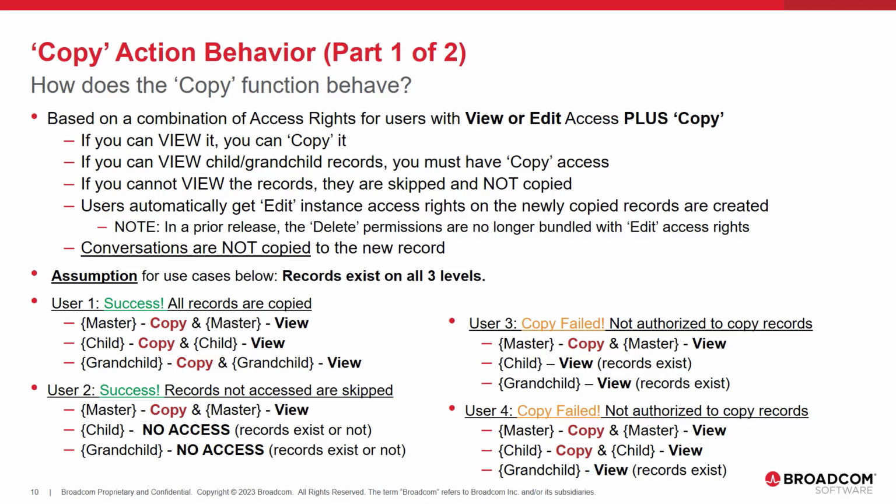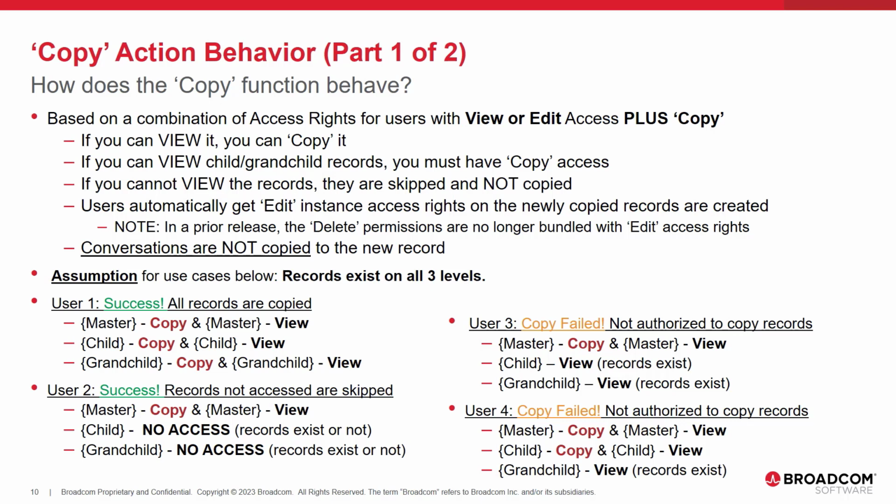That same user will also be successful to copy a second level child record and all its grandchild records. The user with access to view only the master and not have any access to second and third level records will successfully copy only the master record, and the existing child and grandchild records are not copied over regardless of the user's permissions. The user is unaware of these existing records.